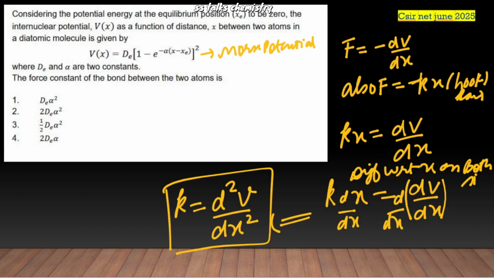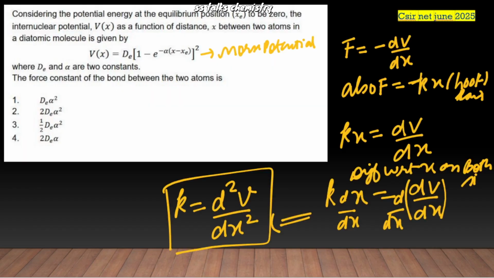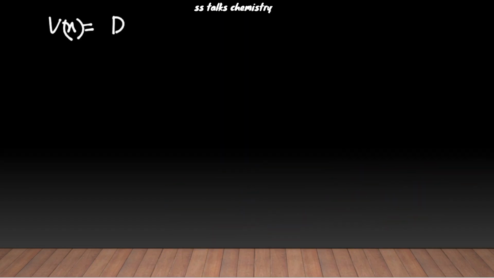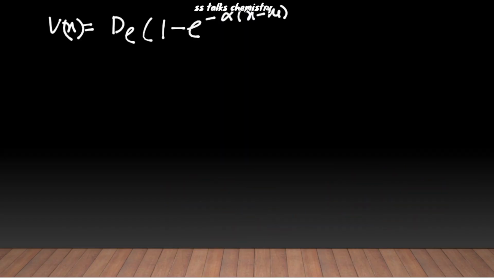So now the V value we have been given, which is V as a function of x, is given to us as dE into (1 minus e raised to the power of minus alpha (x minus xe)) whole squared.